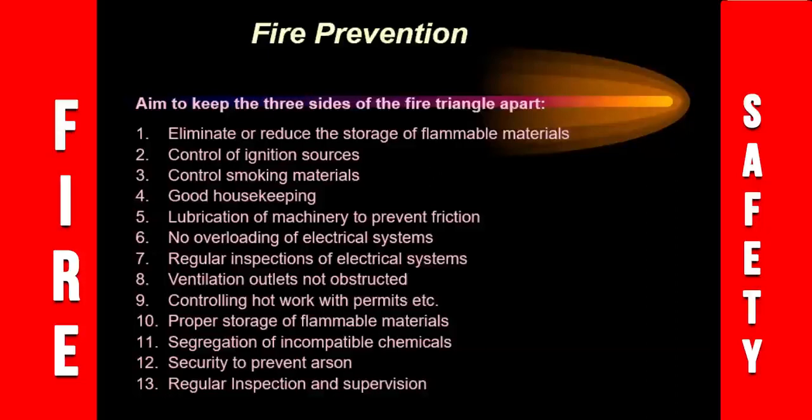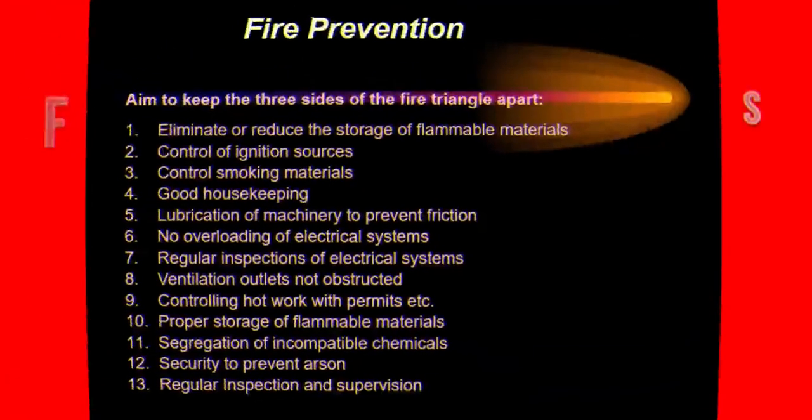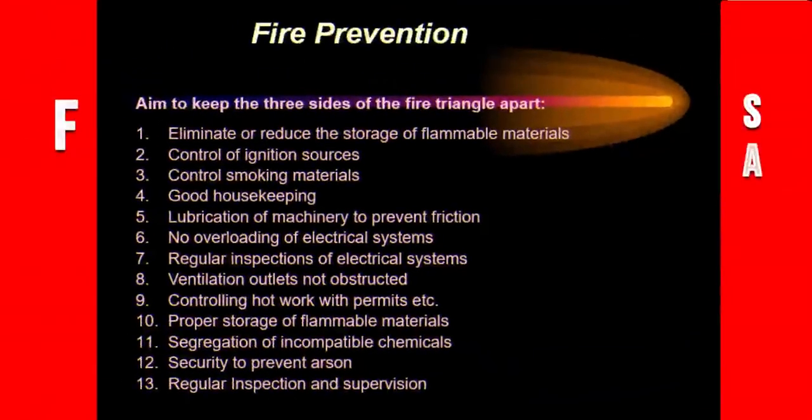Number 1, eliminate or reduce the storage of flammable materials. Number 2, control of ignition sources. Number 3, control smoking materials. Number 4, good housekeeping. Number 5, lubrication of machinery to prevent friction.